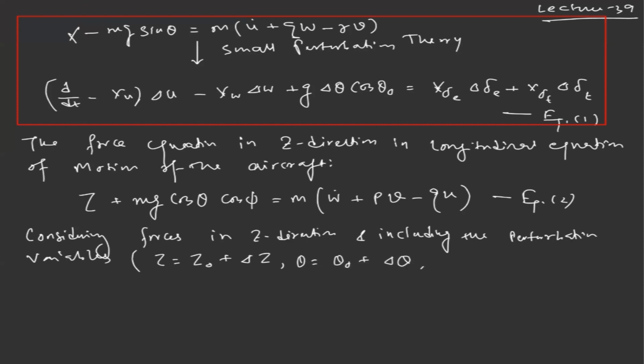So here Z naught, theta naught are the reference point or the trim point, and delta Z, delta theta are the perturbation variables.